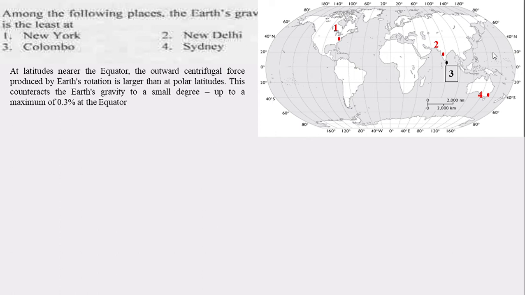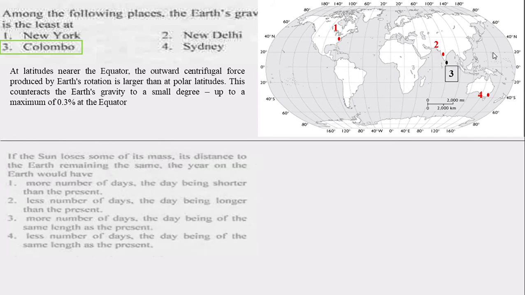So obviously the place which is nearest the equator is Colombo, so that should be the answer. You got it? The centrifugal force of the earth reduces the gravity force at the equatorial line, and that results in a small reduction of 0.3 percent of the gravity at that point. So this could be the answer.